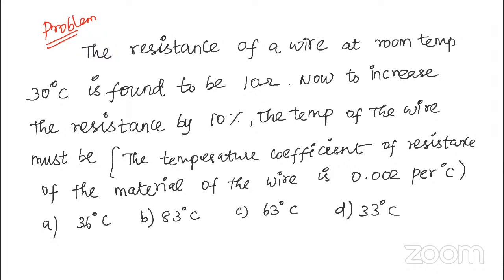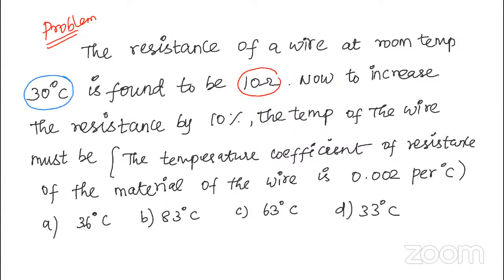Okay. For the problem related to the temperature coefficient of resistance, we use the R_T formula, which we know very well. So from that problem, they have given the values: the resistance value for a temperature of 30 degree.